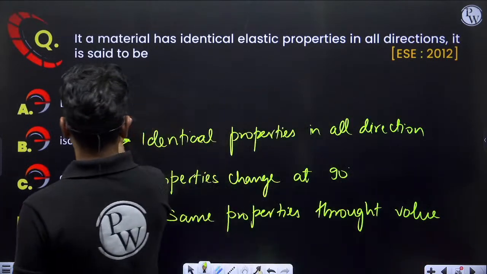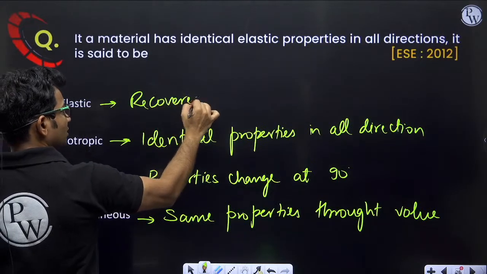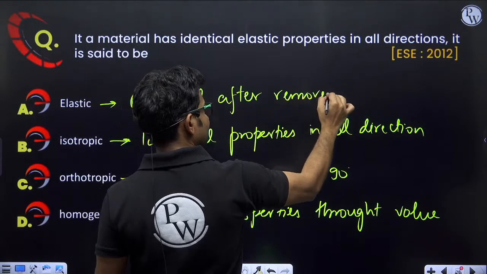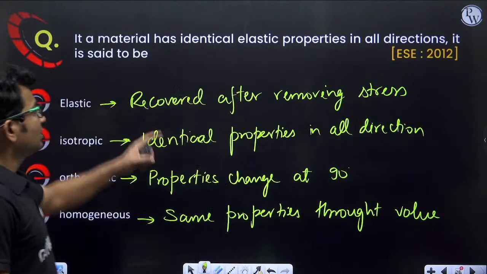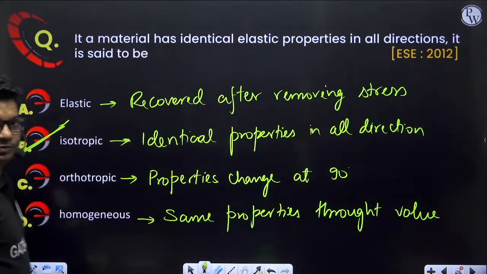And elastic means recovered after removing stress. So identical properties in all directions means isotropic material. The correct answer is option B.